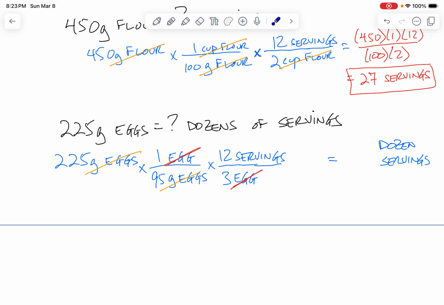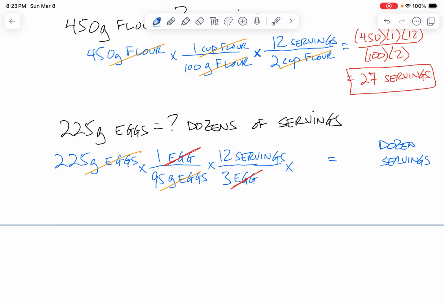If we stopped here, we would actually be at servings instead of dozens of servings. So we're going to have to go off script and put a conversion factor in here, or counting ratio, that is not in our recipe, but just one that applies to everything because we know that a dozen is 12 of anything.